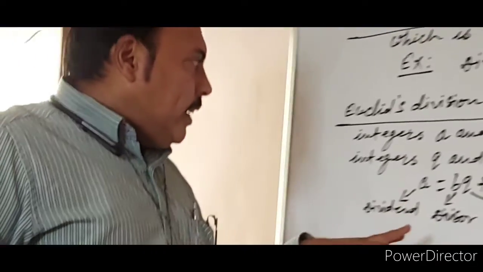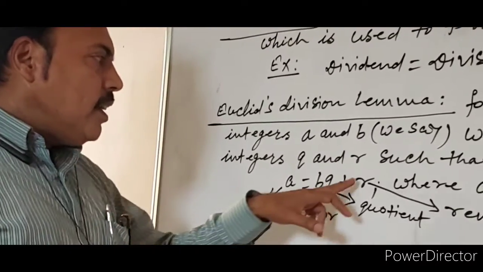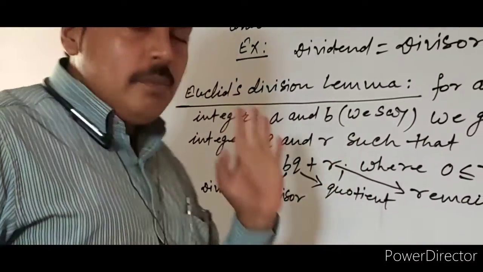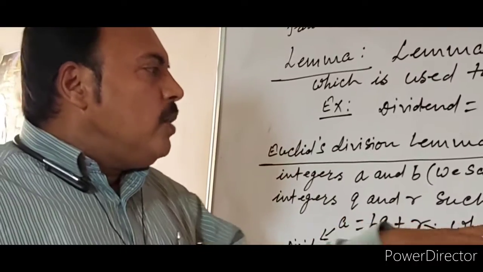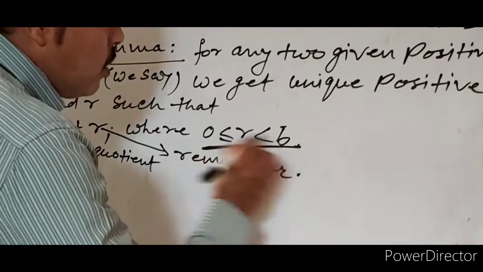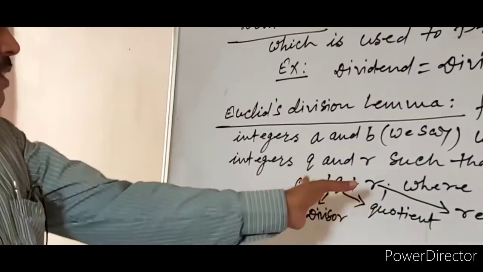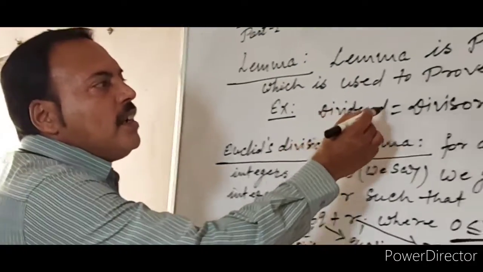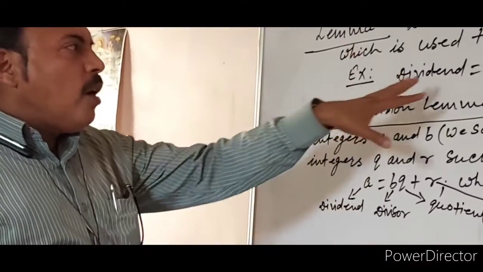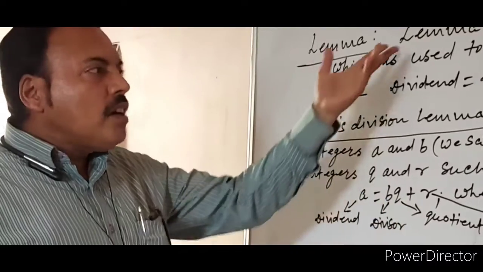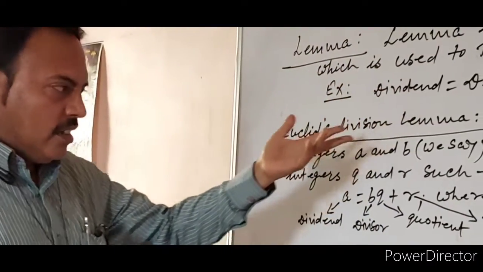So, A is dividend, B is divisor, Q is quotient, and R is remainder here. Now, we have to understand this statement: 0 is less than or equal to R and R is less than B. This statement, A equal to BQ plus R, is just like dividend equal to divisor into quotient plus remainder. Actually, we found that formula from this Euclid's division lemma in our earlier classes.